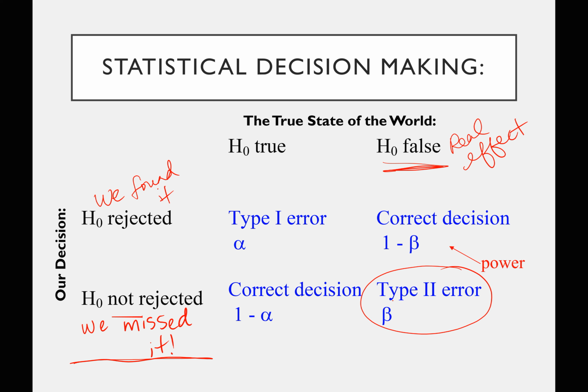And this gets a special name called beta. So whereas type 1 error is called alpha, like A, type 2 is called beta, like B. So again, this is the case where there is a real effect, but we miss it. That's an error. We're doing the wrong decision.